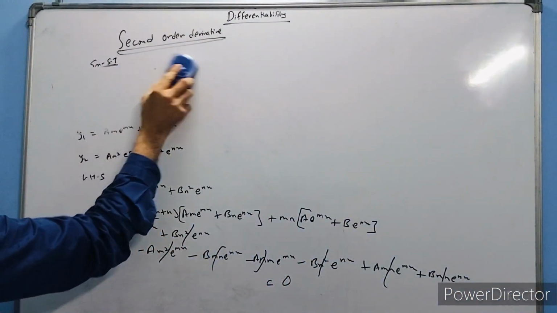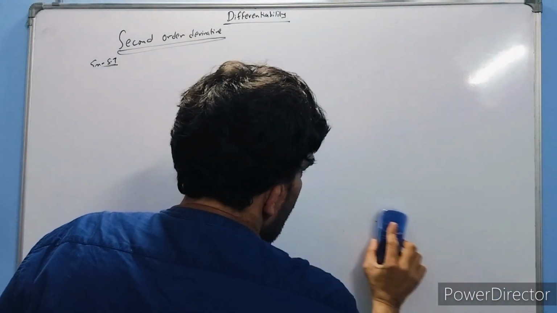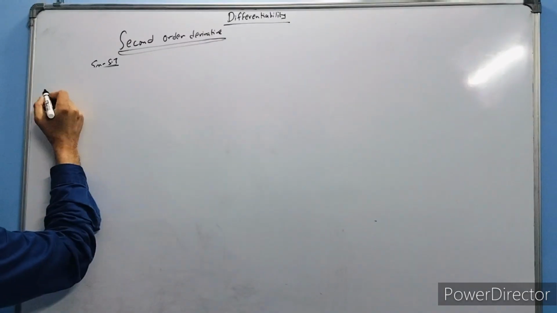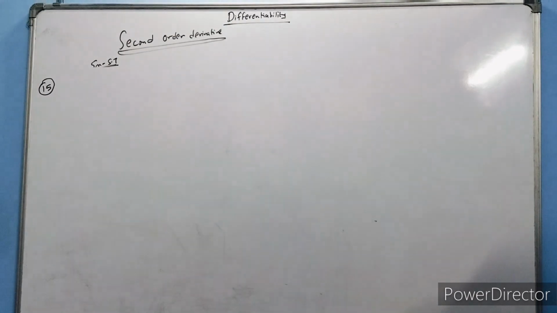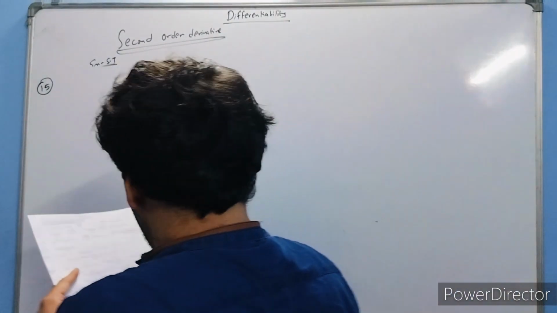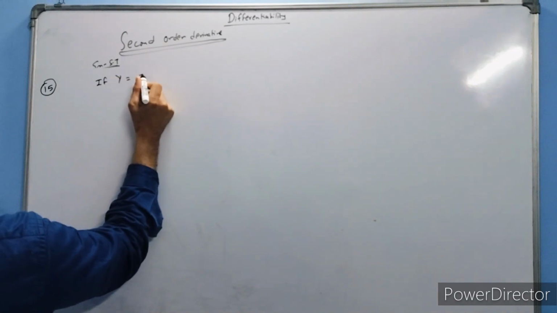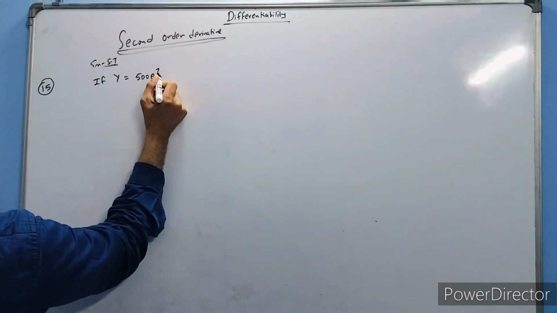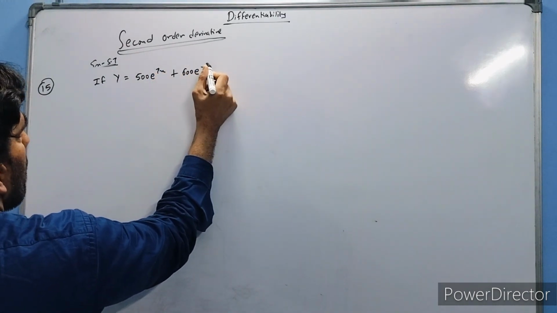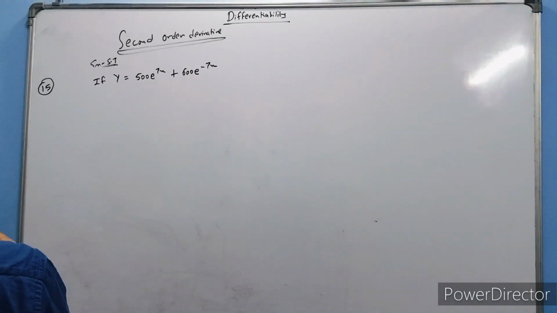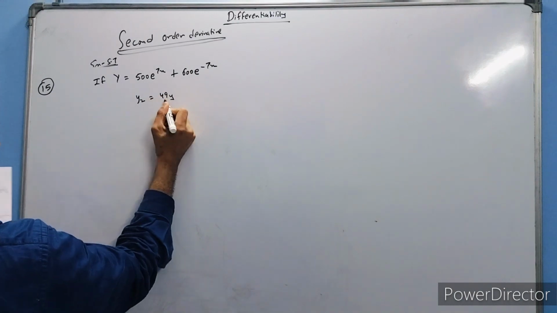Now let us see what the 15th question says. If y is equal to 500 e raised power 7x plus 600 e raised power minus 7x, we need to show that y2 is equal to 49y.